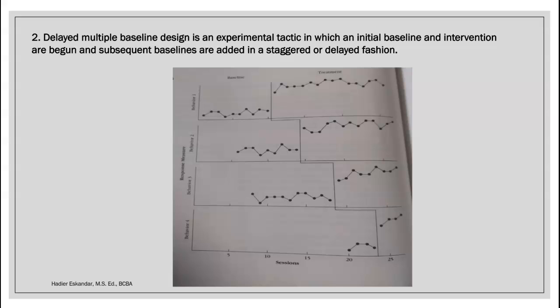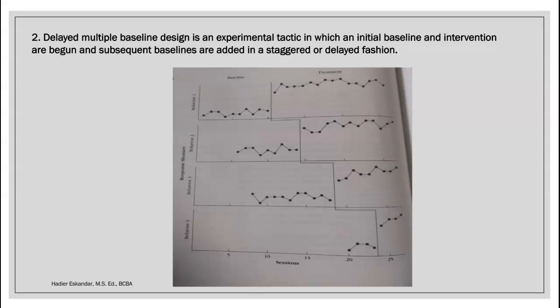You cannot use discontinuous measurements in one of them while using continuous measurements in the other to collect baseline data, because then they wouldn't match, and you wouldn't be concurrent, or they wouldn't give you enough information to say that this baseline is stable. You also wouldn't be able to compare your treatment when it's provided for one behavior versus the other, because the way you're collecting data is totally different.